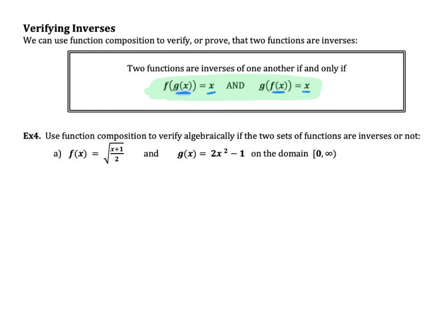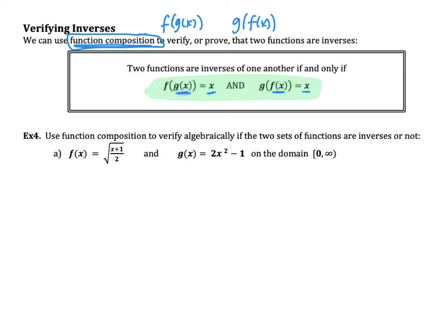So we call this function composition, right? F of g of x is function composition. G of f of x is function composition. So if we ask you in our directions to show that these are inverses, show whether or not they're inverses through function composition, then you have to do the process that I am about to show you.